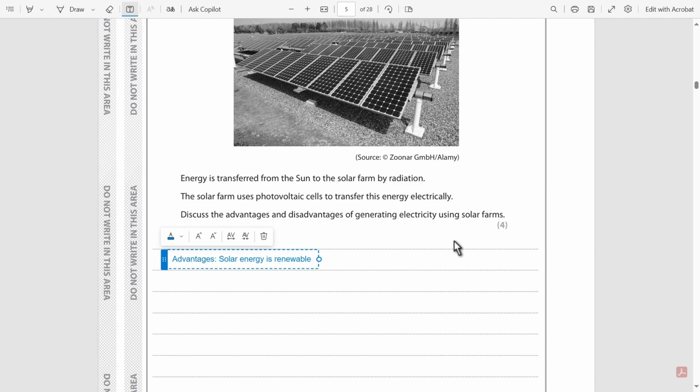It doesn't require fuel. Low running costs, basically, as it requires little to no fuel to work. And there are no greenhouse gas emissions.